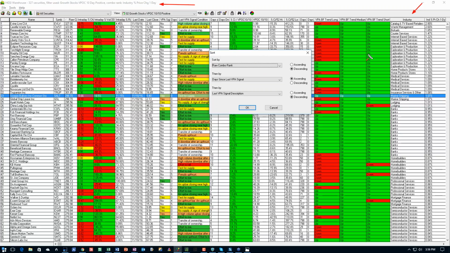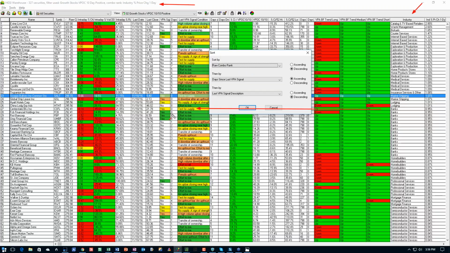And okay, so let's look at the banks here. I'll go over here, and it says that there was a VPA flag yesterday or today. This is the data from last night. So when I ran this last night, it tells me there was a test for supply today. So these three sorts give me the industry group, which was up the most yesterday, and then I'm looking to see if these groups are following through.